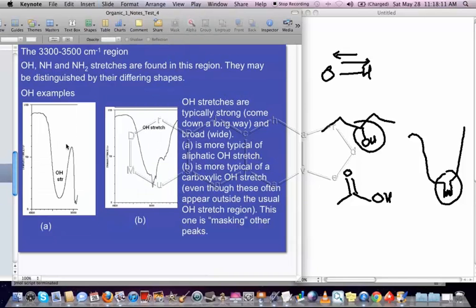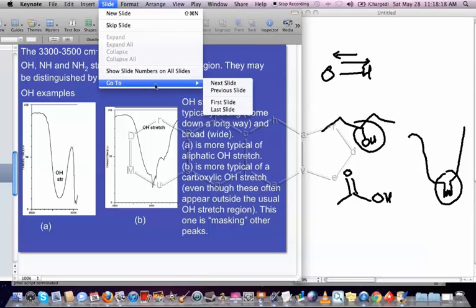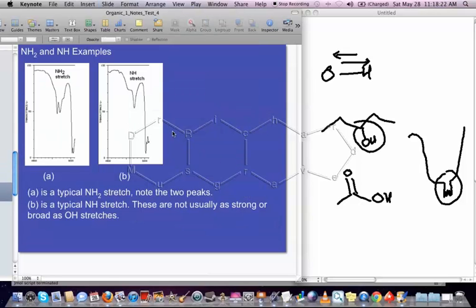There's your OHs, very broad, very strong. And the NH stretch, fairly weak or moderate in strength. So all of those, the NH2s, the NH and the OH, will all appear pretty much in the same region of the infrared spectrum, at around 3500 to about 3300.